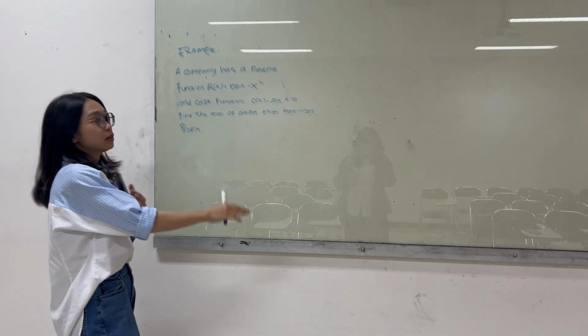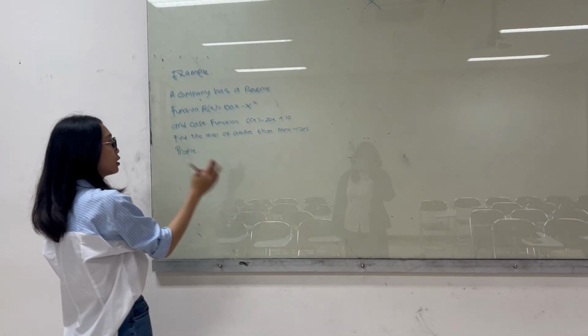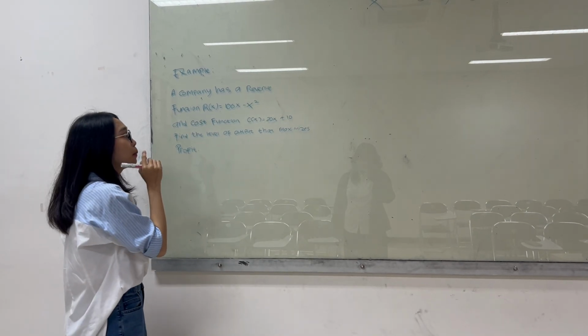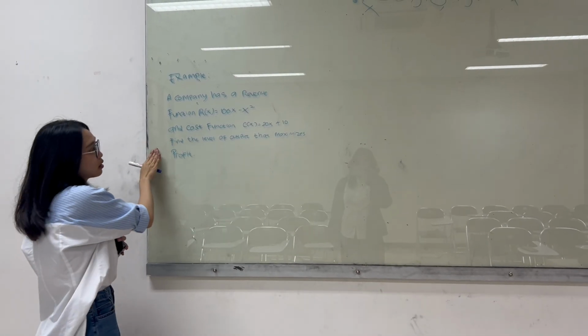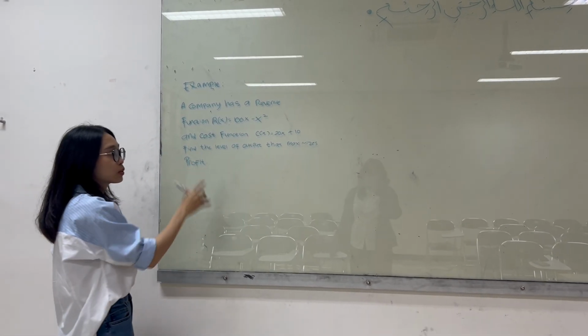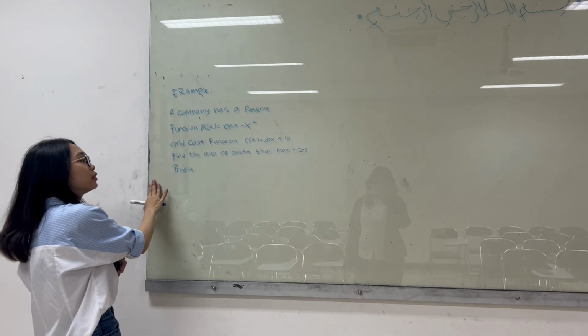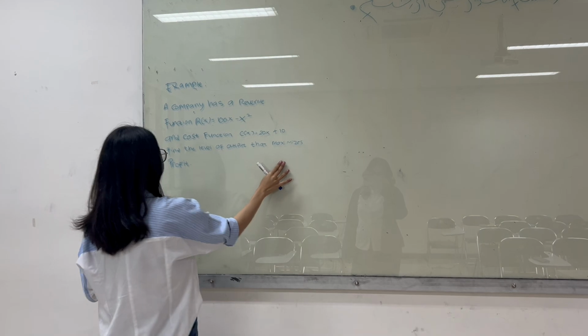This is an example. A company has a revenue function R(x) is 100x minus x squared, and the cost function is C(x) is 20x plus 10. Find the output that maximizes profit.